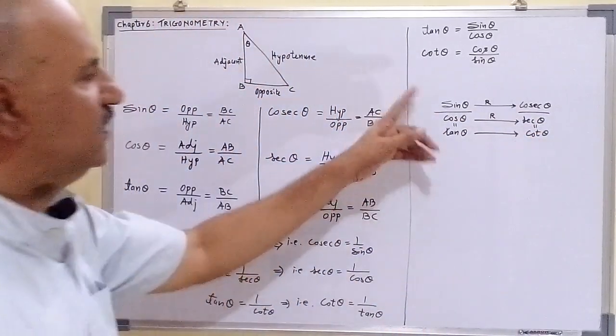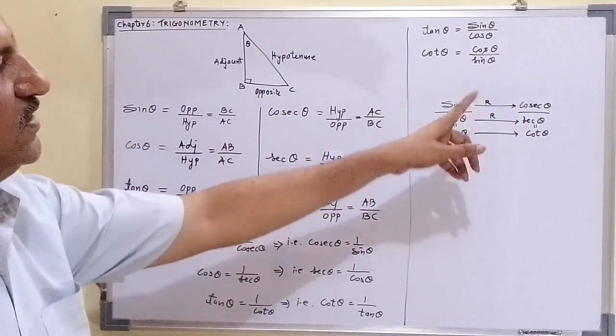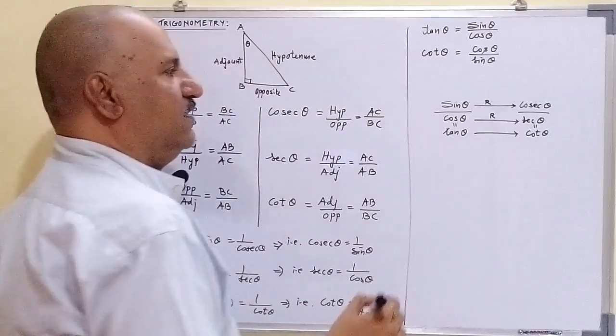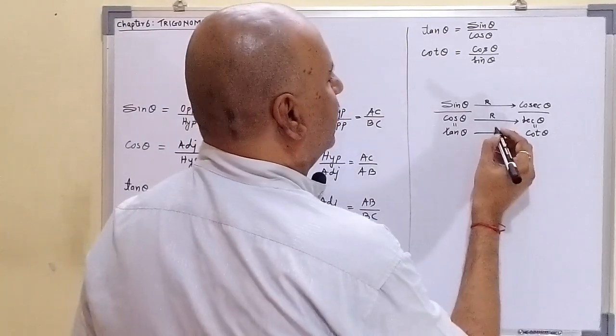See, sin theta upon cos theta equals tan theta. Cosec theta upon sec theta will give cos theta upon sin theta. These are reciprocals.